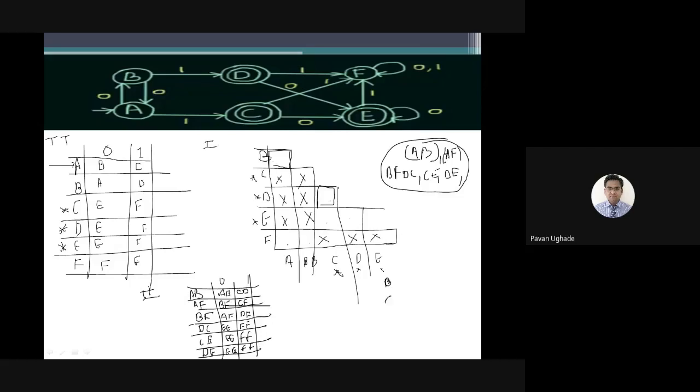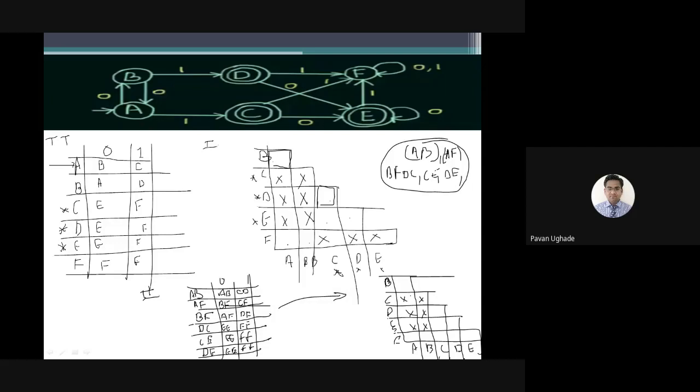A will not come, B, C, D, E and F. Here A, B, C, D and E. Okay class, so copy the earlier step 1 here, which was crossed like this, same thing. Now we are going to mark in the step 2 table.